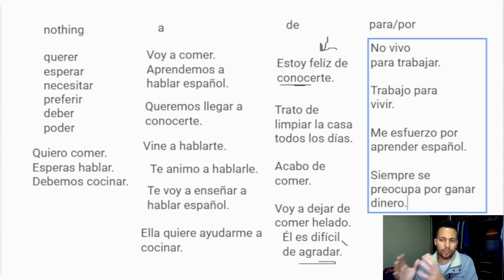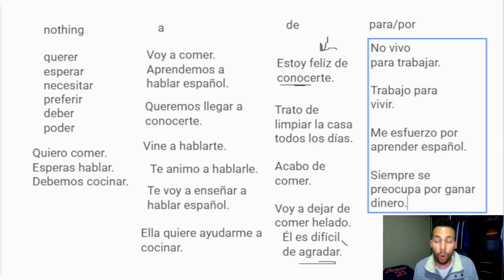So we're attaching an infinitive verb to a verb, but we have to put something in between, and it's the para. And the idea in English is that if you can kind of make that in order work, sounds pretty okay, then we'll probably do it. Trabajo para vivir. I work in order to live, or I work to live. Even if we're saying I work to live, you could say in order. So we're putting the para.